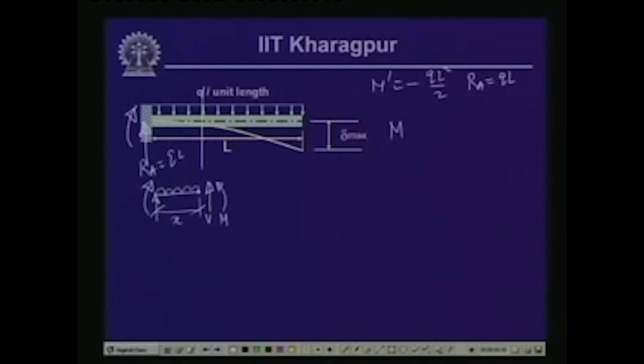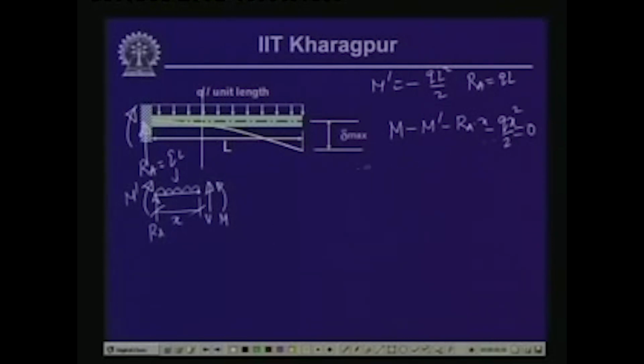Then we have the moment at this support M dashed, in a clockwise direction. So, M minus M dashed. Then we have the moment due to RA, again in a clockwise direction, so minus RA into x, and the loading, again in the anti-clockwise direction, so minus q into x times x by 2, which is qx square by 2, equals 0.